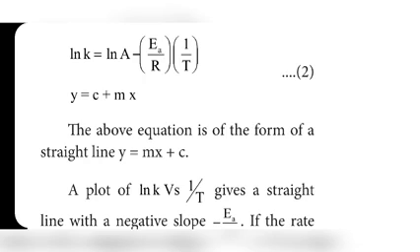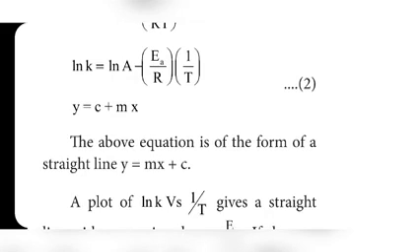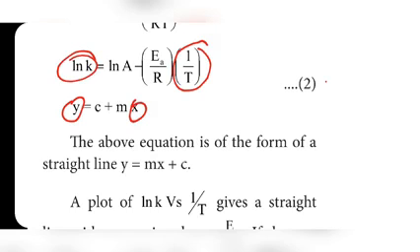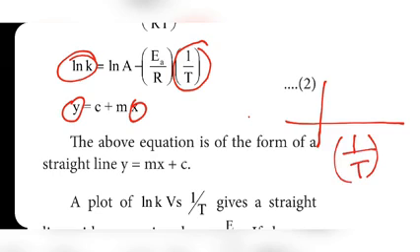So y means here ln k, x means 1 by T. That means we are going to plot one graph. In the graph we take 1 by T as the x axis and ln k as the y axis.